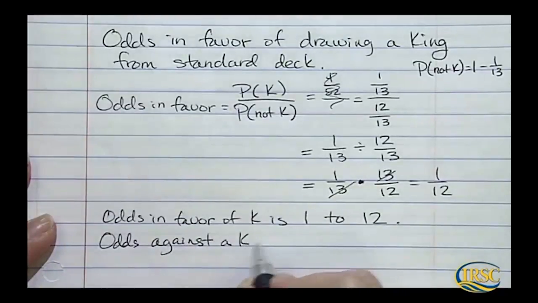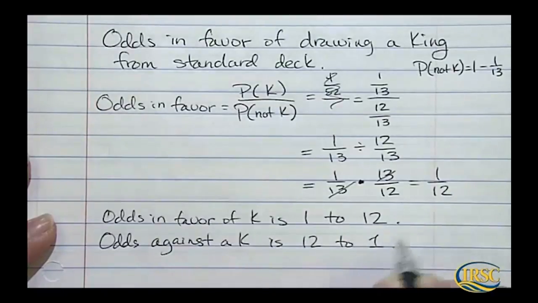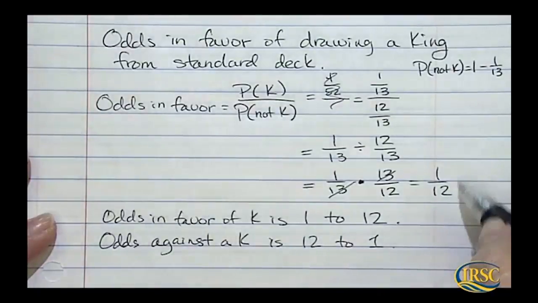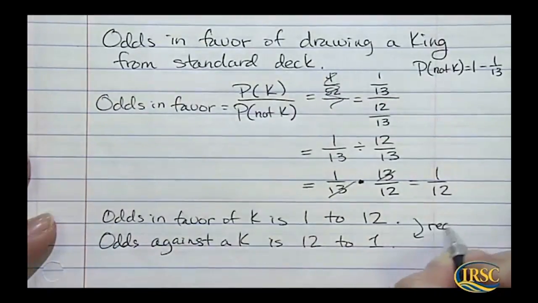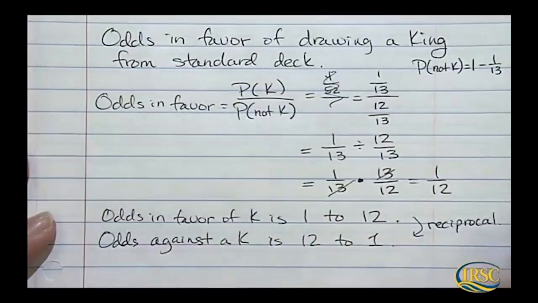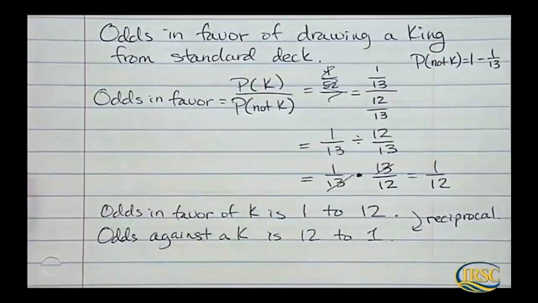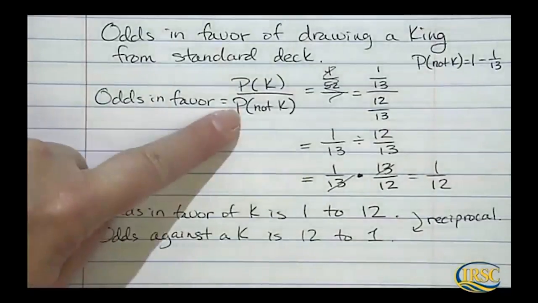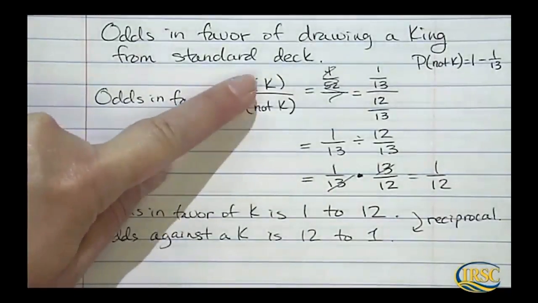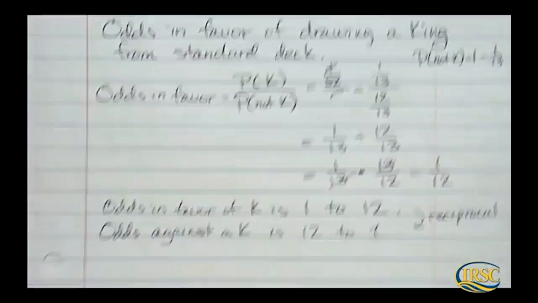Odds against a king is 12 to 1, which is correct, because the odds against are just the reciprocal of that previous answer. You're just flipping your numbers over. No need to work the formula all over again. Now, if it never asked you for the odds in favor and it asked you for the odds against, then you would use the formula for odds against, putting the not on top and the probability that it would happen on the bottom.